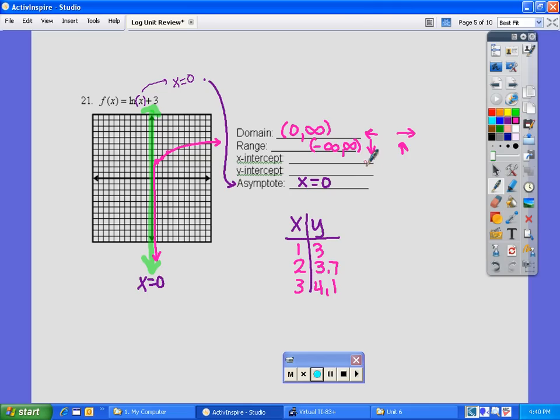The x-intercept I'll do for you in a second. The y-intercept is when x equals 0. And that never happens. So that means your y-intercept is none.